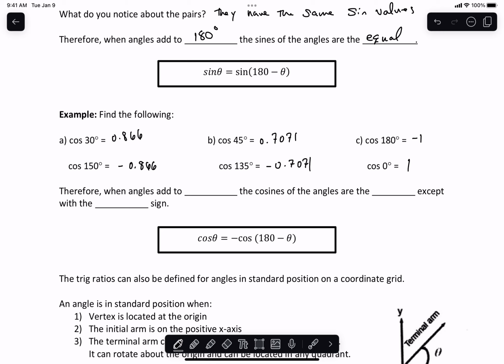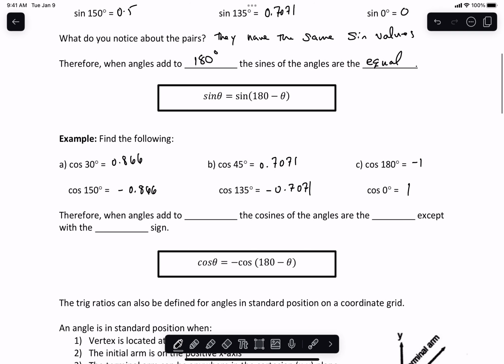Did we see any values come out to be greater than 1 or less than negative 1? No. So that gets at the periodic nature of sine and cosine.